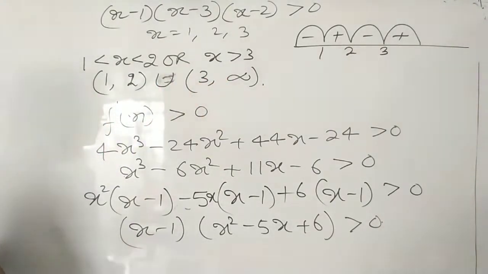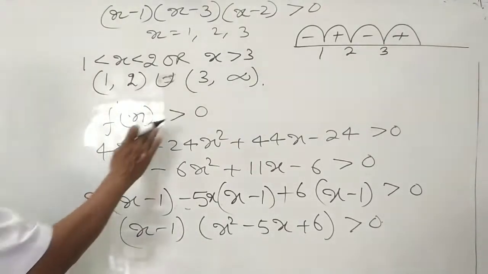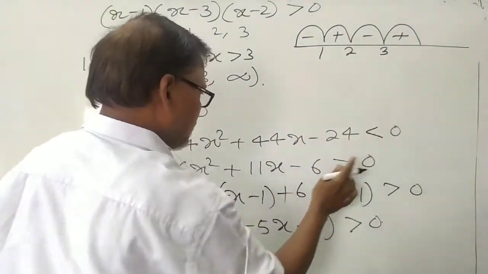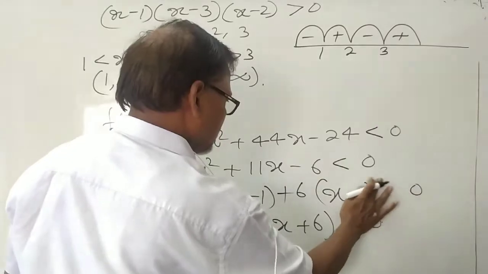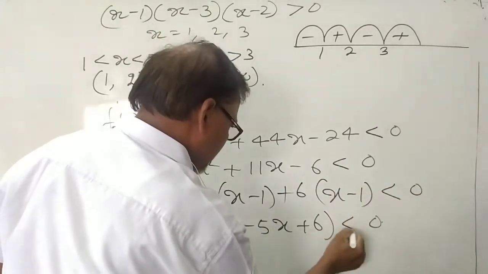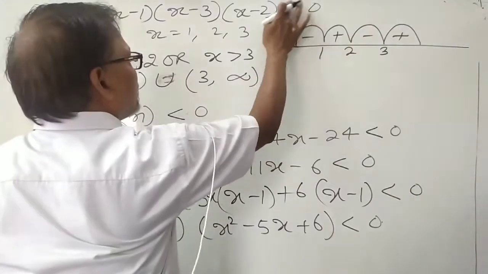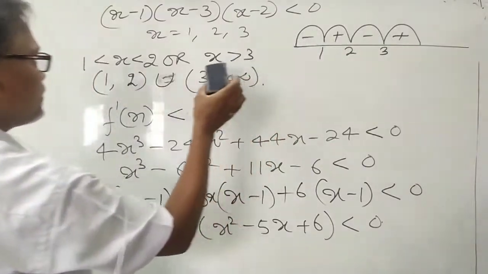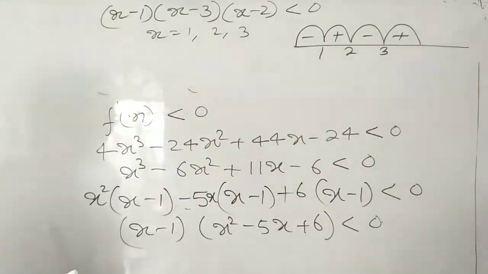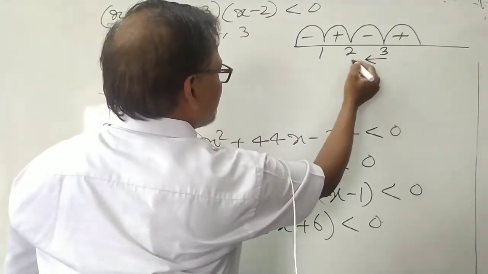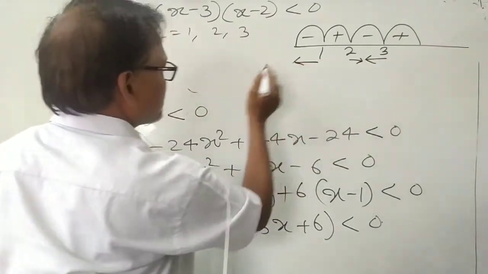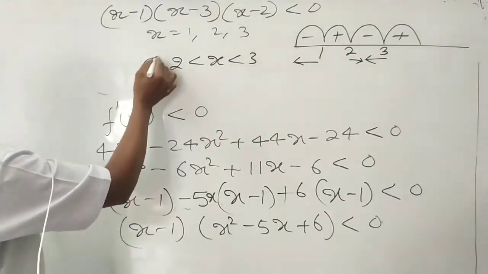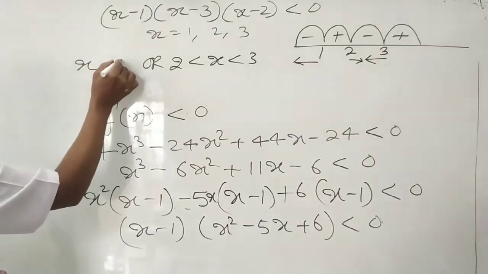And now for strictly decreasing, you must write less than 0. Here also the less than, and then you will write the same thing, but the answer will be changed, the range will be changed like this. x lies between 2 to 3 or x is less than 1.